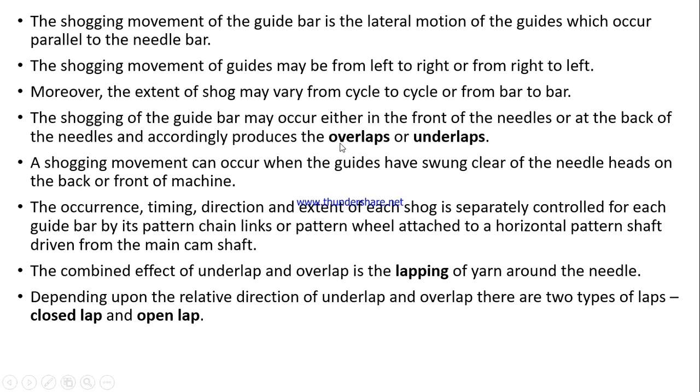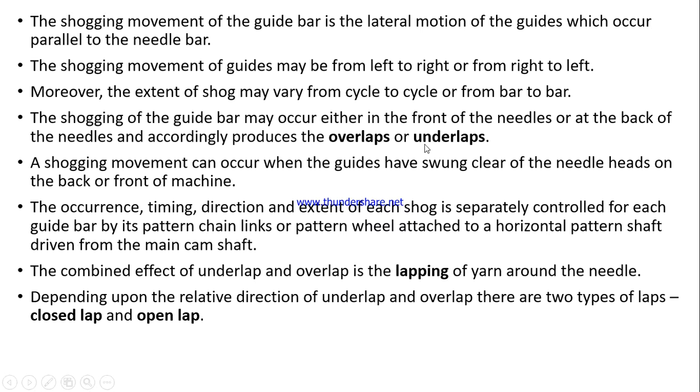When the shogging has been done at the front side of the needle, then the lapping of the yarn over the hook is possible. Then the hook of the needle can catch the thread or feed the thread for the loop formation. So that will produce overlap. And if the shogging is done at the back side of the needle, then underlap will produce.